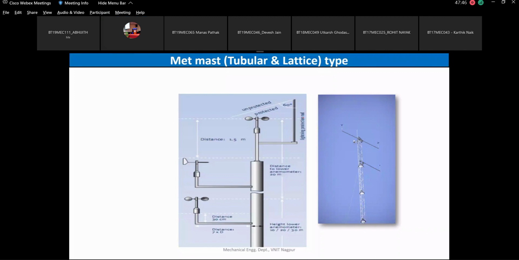In engineering procurement, some analysis will be there, like analysis by CFD or other software. Then construction and installation. Those are the steps.